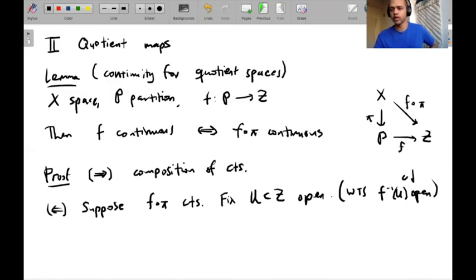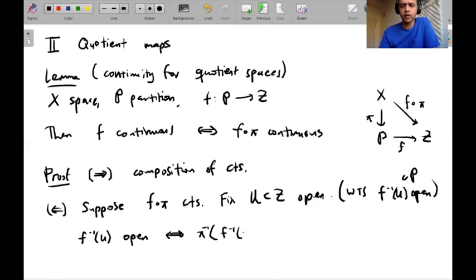This is a subset of P. So F inverse of U is open in P if and only if, by definition of the quotient topology, pi inverse, the preimage of F inverse of U in X is open.